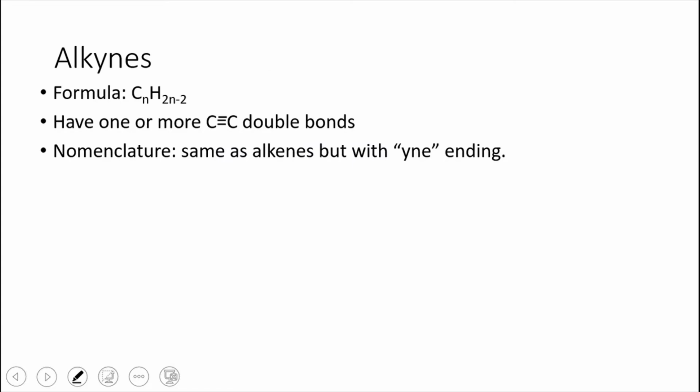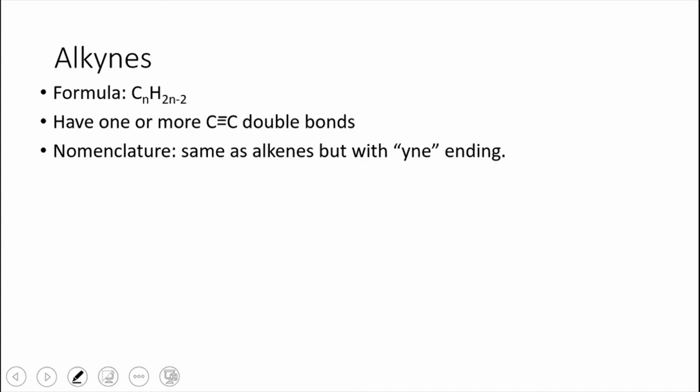The other set of hydrocarbons are the alkynes. These have the generic formula CnH2n-2, and we distinguish them because they'll have one or more carbon-carbon triple bonds. In other words, there will be a linear geometry around that triple bond. Nomenclature is the same rules as alkenes.